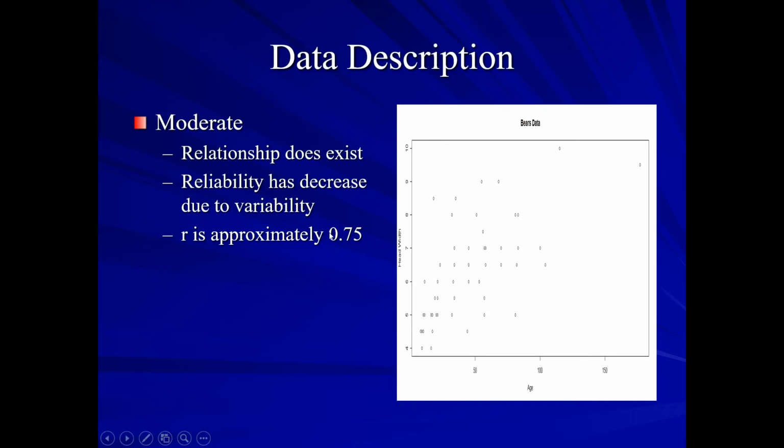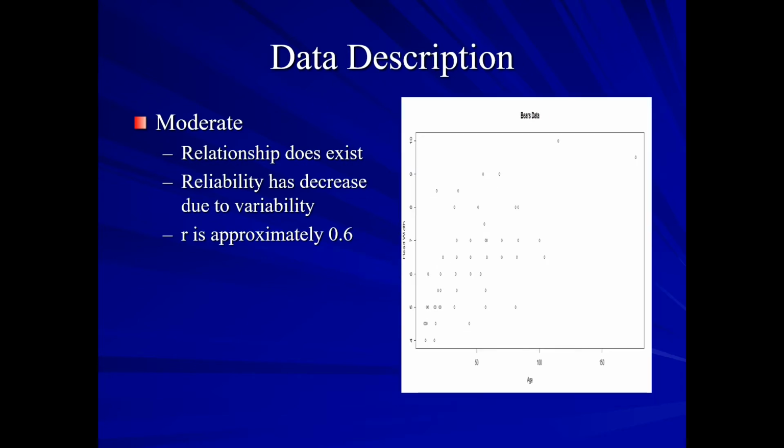However, notice that we have a positive sign on our correlation. That tells us we have a positive direction. We still have moderate. Ours is approximately 0.75, but we know we've got positive and we've got moderate, and this is linear. Another moderate, here I've got a correlation value of 0.6. I have positive, I have linear, I have moderate.